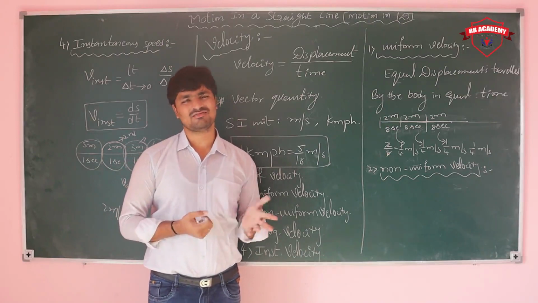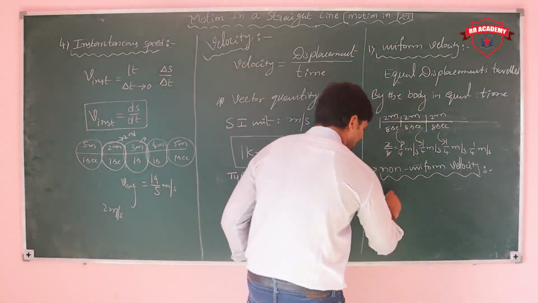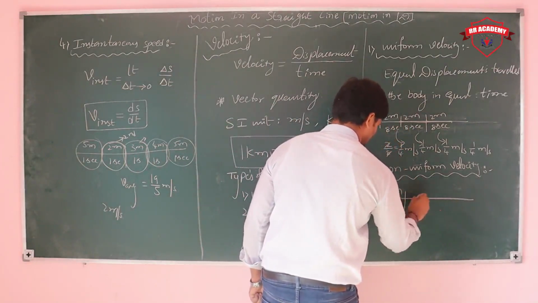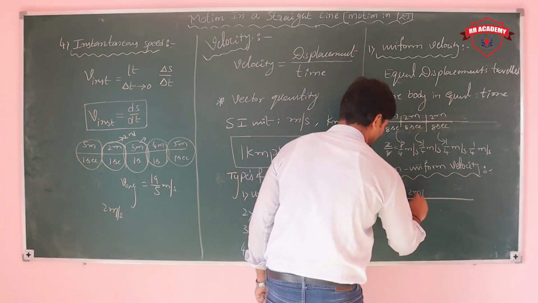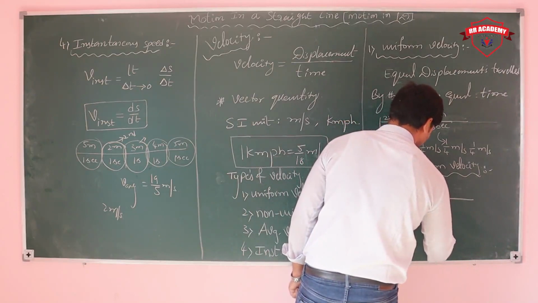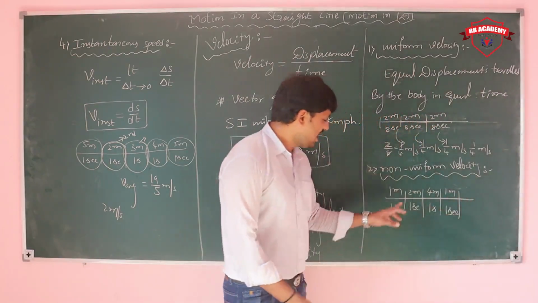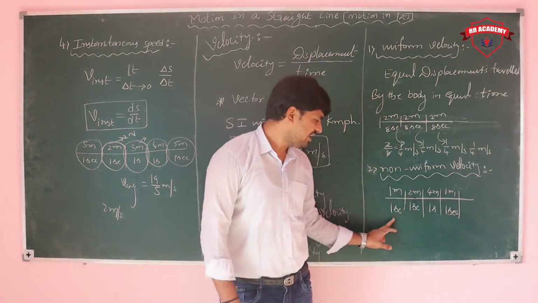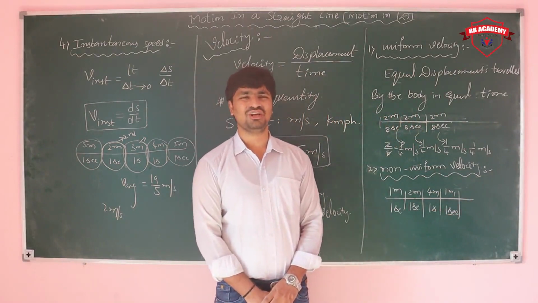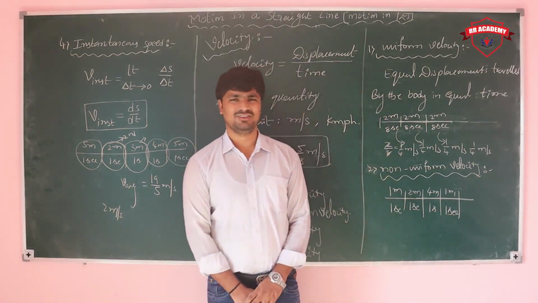Take one example: a car travels the first 1 meter displacement in 1 second, next 2 meters in 1 second, next 4 meters in 1 second, again 1 meter in 1 second. Unequal displacements in equal intervals of time is non-uniform velocity.